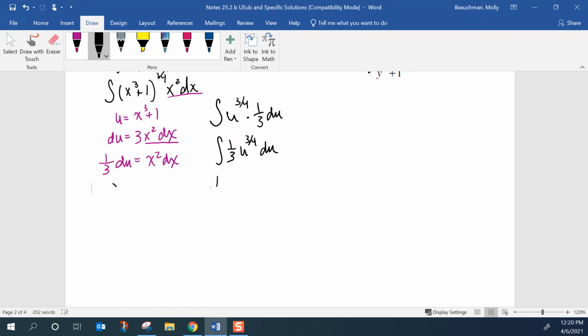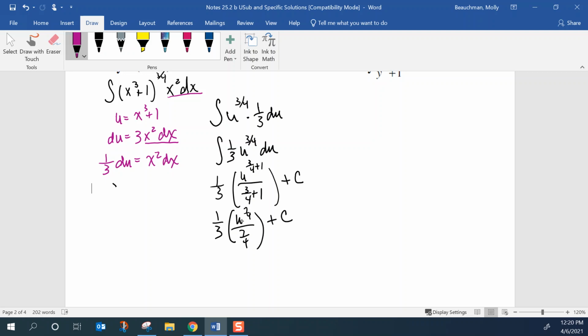Take the integral, I get 1/3 times u to the 3/4 plus 1 over 3/4 plus 1 plus the arbitrary constant. That's 1/3 times, 3/4 plus 1 would be 3/4 plus 4 over 4, u to the 7/4 over 7/4 plus the arbitrary constant.